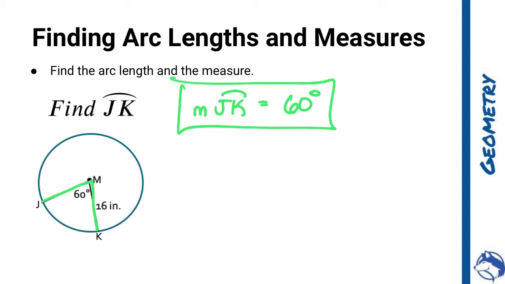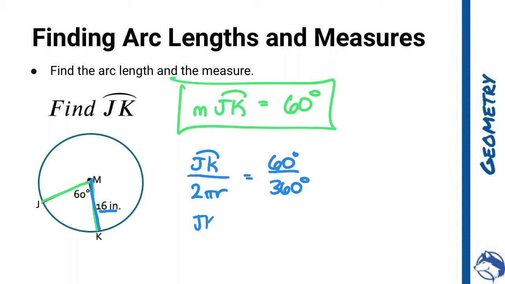To go ahead and find the length of JK, JK over 2 pi r has to be equal to our arc measure divided by the entire circle. From here, I know that r is 16 inches, so I'm just going to plug that in.